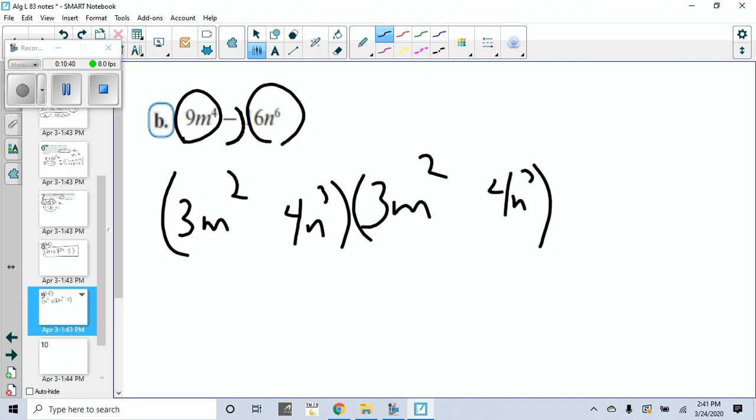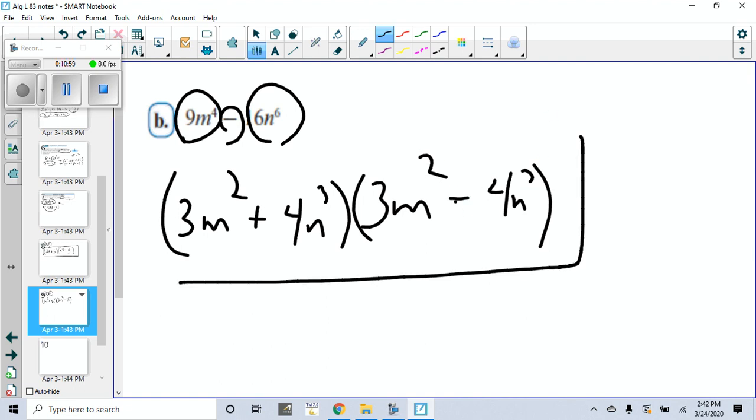And since that's a subtraction sign, your end binomials would be one with a plus and one with a minus. So it would be 3m squared plus 4n cubed times the quantity 3m squared minus 4n cubed. So yes, this is a difference of two squares, because you can take the square root of 9m to the 4th, and you can take the square root of 16n to the 6th, and there's a different sign in between.